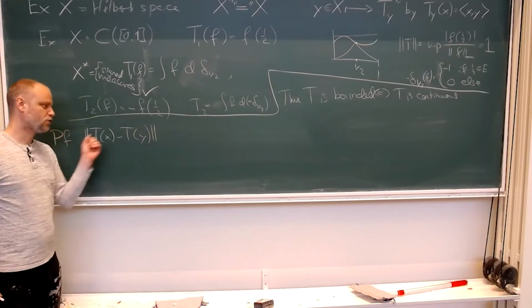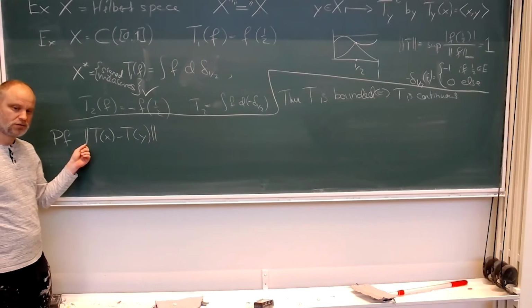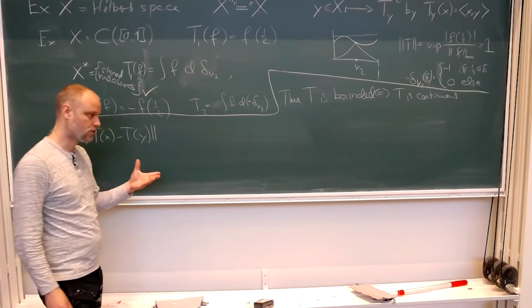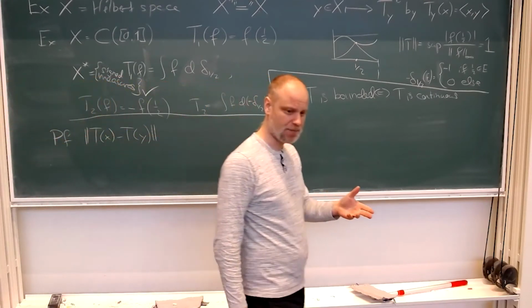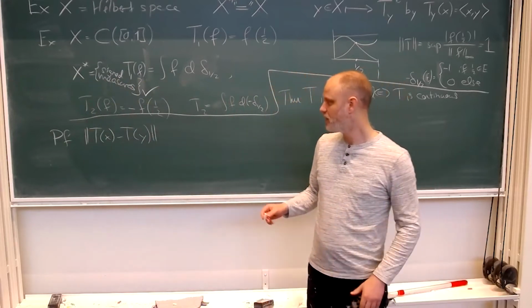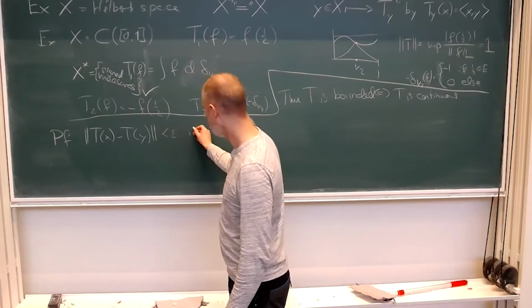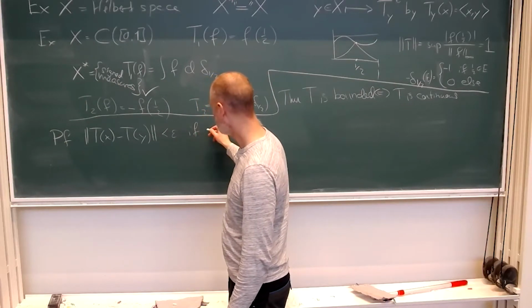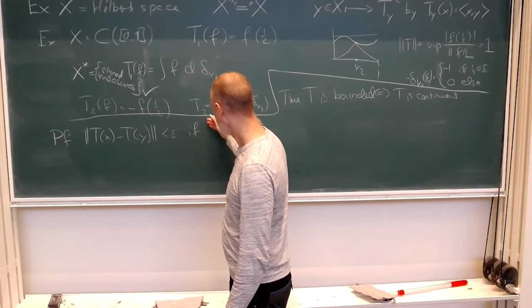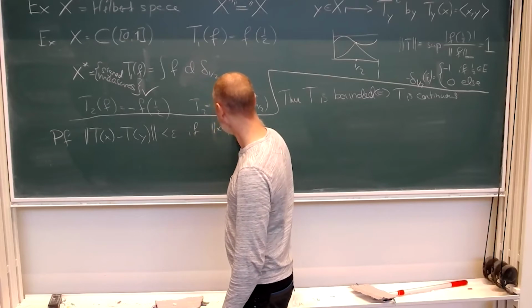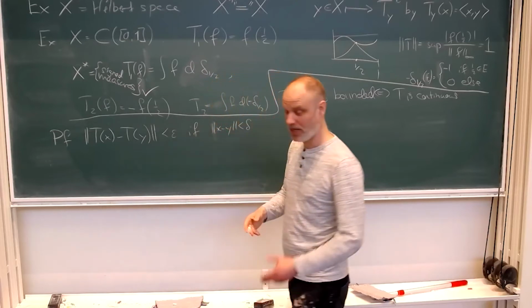Okay, proof. So I want this to be less than epsilon. Well, given epsilon, I want to find a delta such that this is less than epsilon if x minus y is less than delta, right?